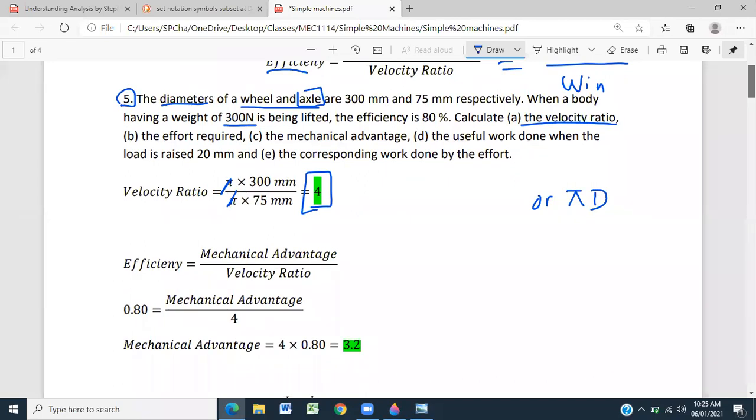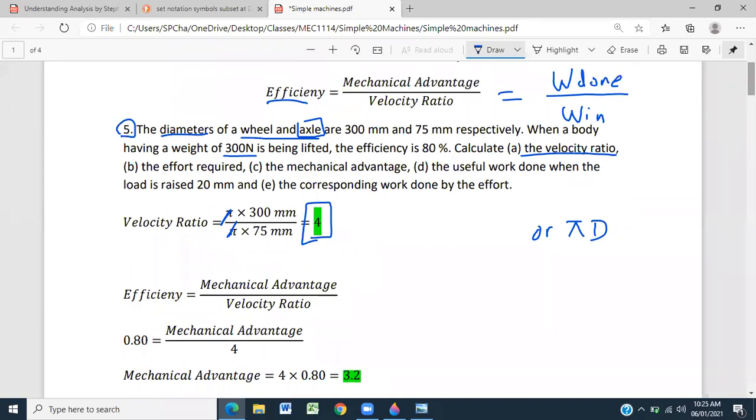Now, what is the mechanical advantage? Now remember, mechanical advantage is related to velocity ratio through the efficiency of the system, right? Because it's the work done divided by the work in, and when we translate this, it was the same as efficiency. Okay, good.